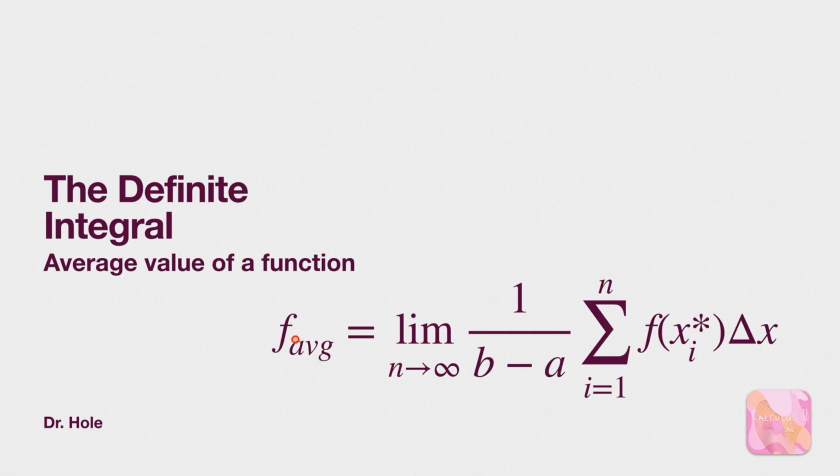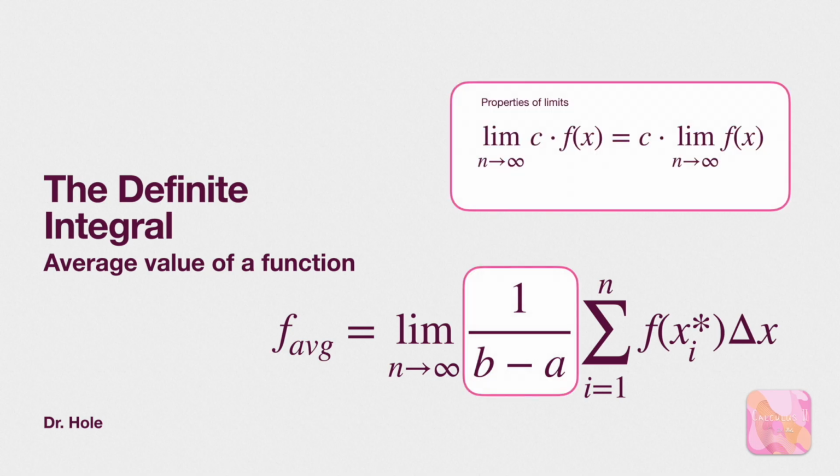So we're going to take the definition of f_av, the average value, to be the limit as n, the number of sampling points, goes out to infinity of this constant times a Riemann sum. Good. Let's manipulate this a little bit. Let's use properties of limits.